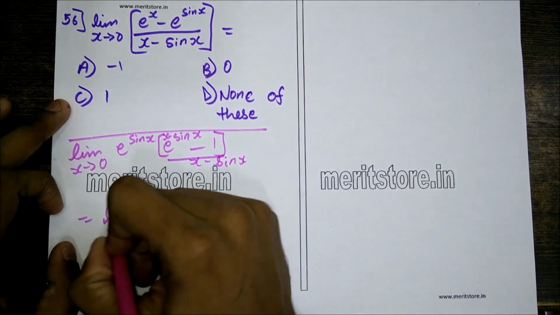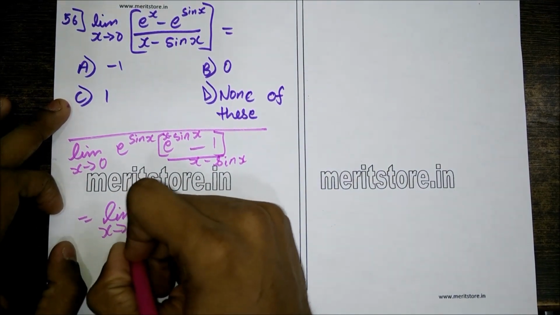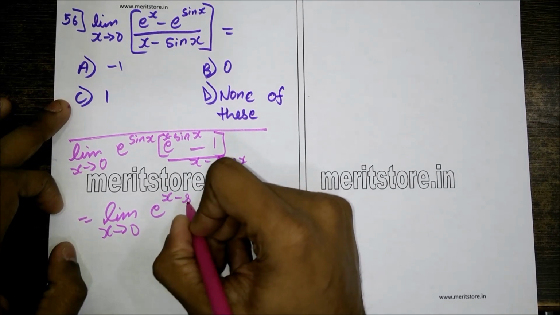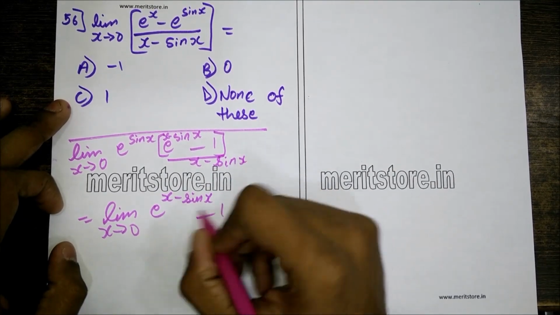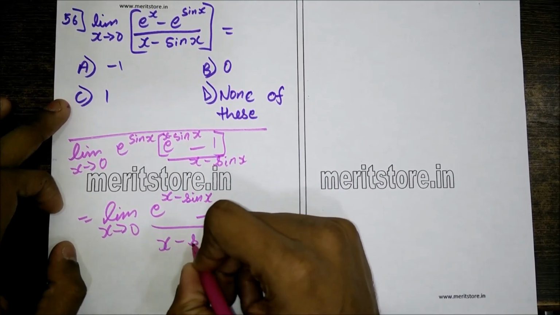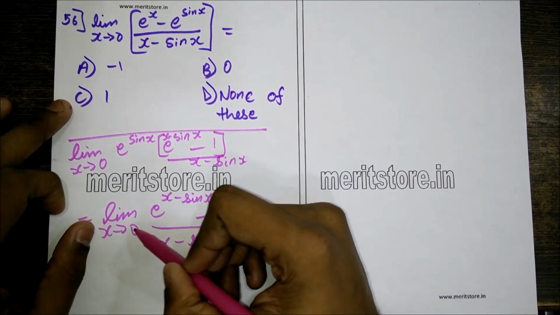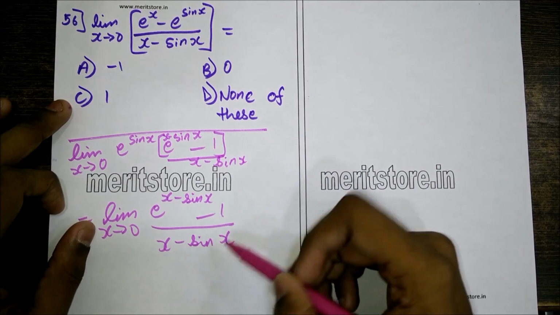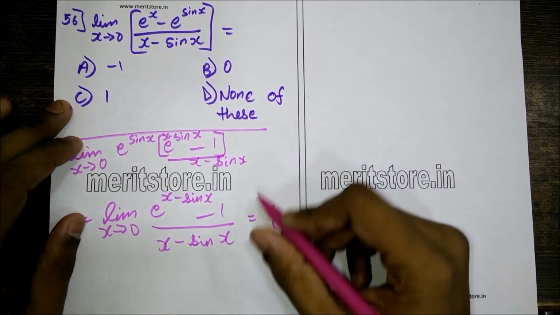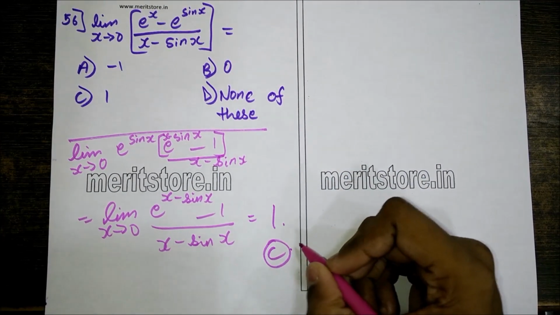Now that gives us limit of x tends to 0 of e raised to x minus sin x minus 1 upon x minus sin x. Now when we apply the limit of x tends to 0 in these three terms, we are left with 1, which is option C.